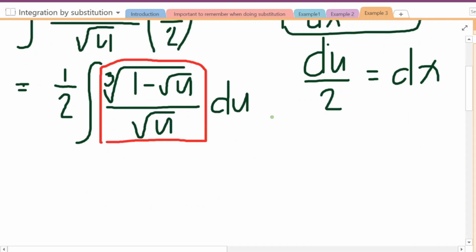I'm going to introduce a new variable. I'm going to call it v. Now, which part of this integral should we let as the value of v?